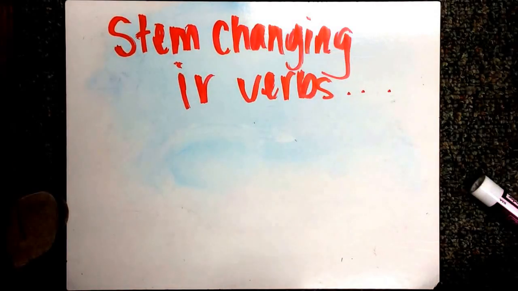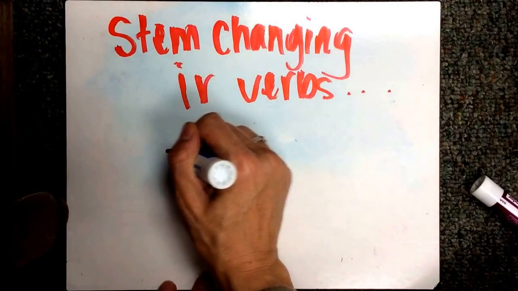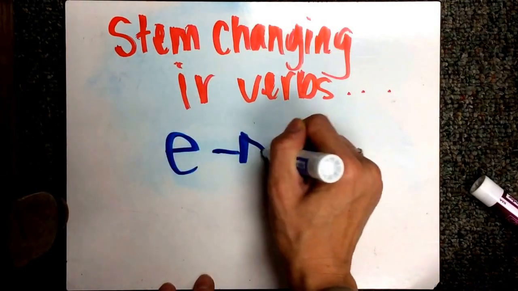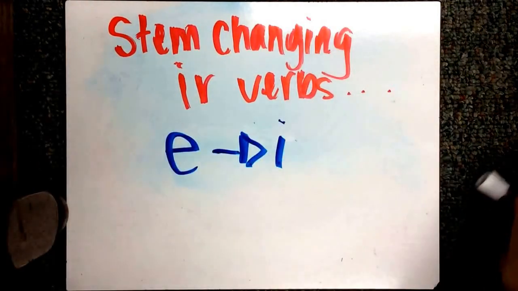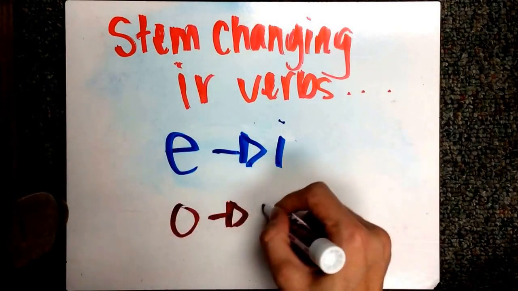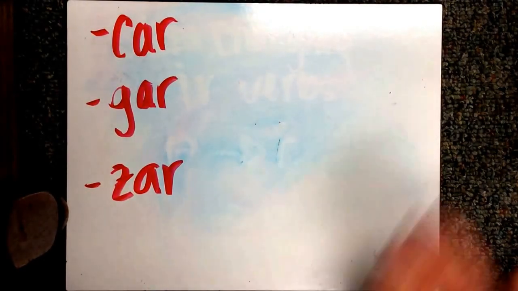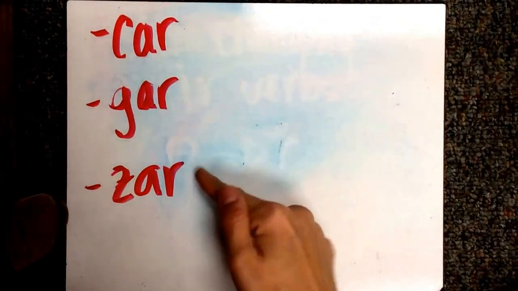So always look for verbs that stem change from E to I and O to U.